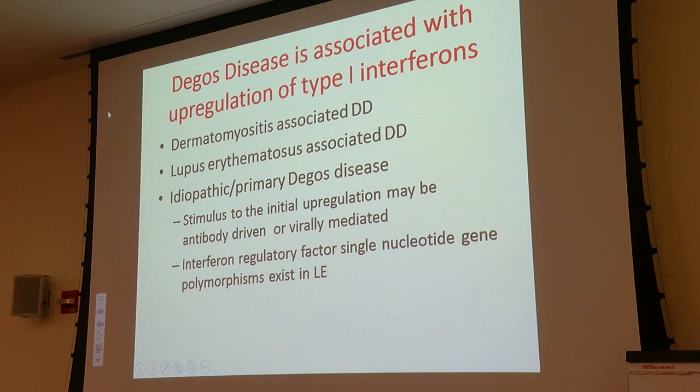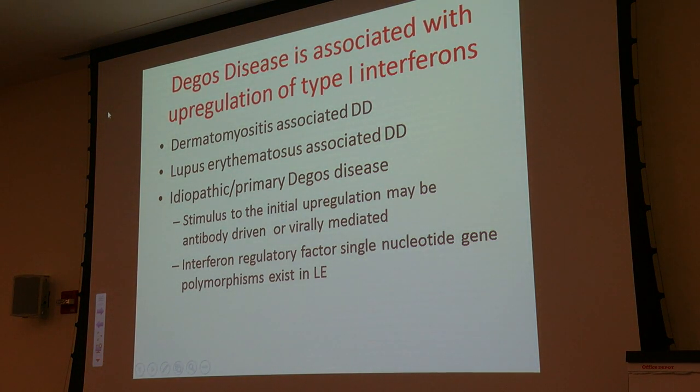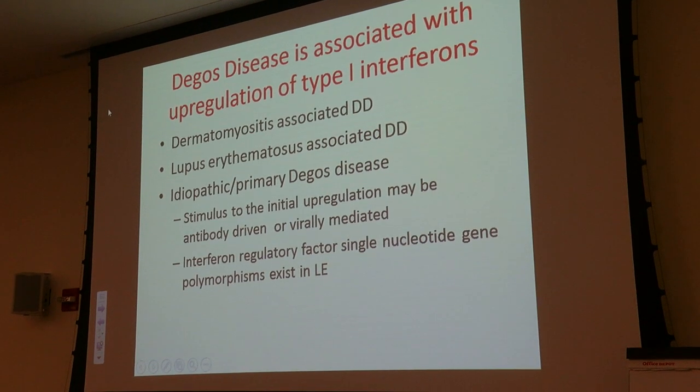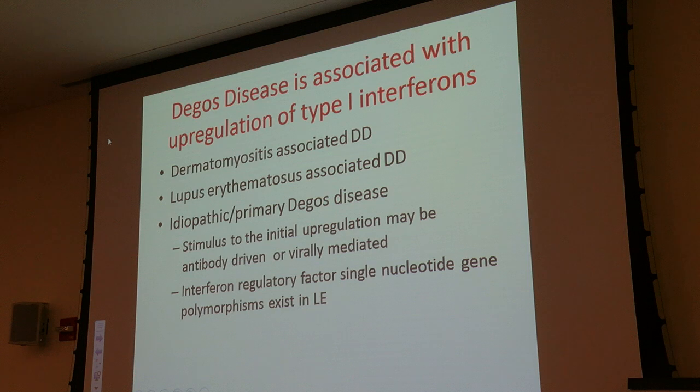So, one of the questions that arises is what is the basis of the upregulated type 1 interferon microenvironment in patients with Degos disease? Well, likely in the setting of collagen vascular disease, there is probably a role for antibodies as a factor, and we also know that interferon regulatory factor single nucleotide gene polymorphisms exist in lupus and possibly dermatomyositis.